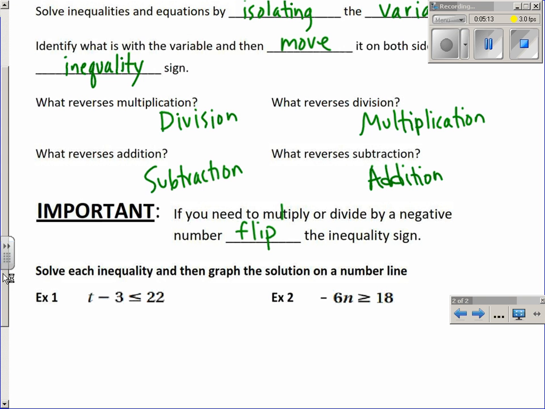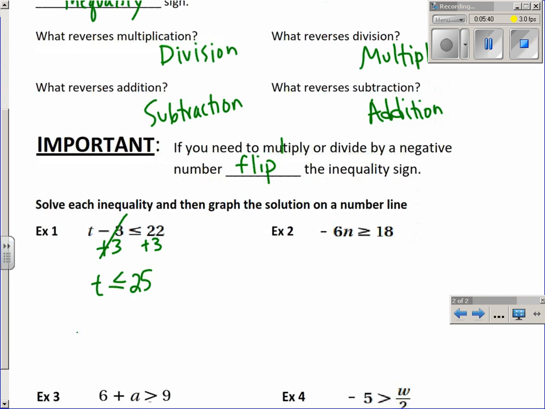All right, so example 1, we have t minus 3 is less than or equal to 22. So we're going to treat this just like an equation where we have to isolate the variable. Right now, 3 is being subtracted from it, so we're going to do the opposite of subtraction and add 3 to each side. So those end up canceling out, and you're left with t is less than or equal to 25.